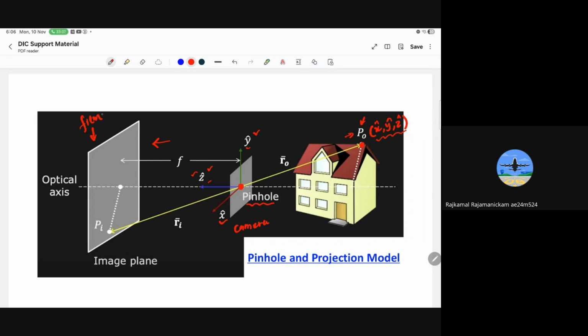This film will also have some coordinate system. That coordinate system will supposedly be located here.